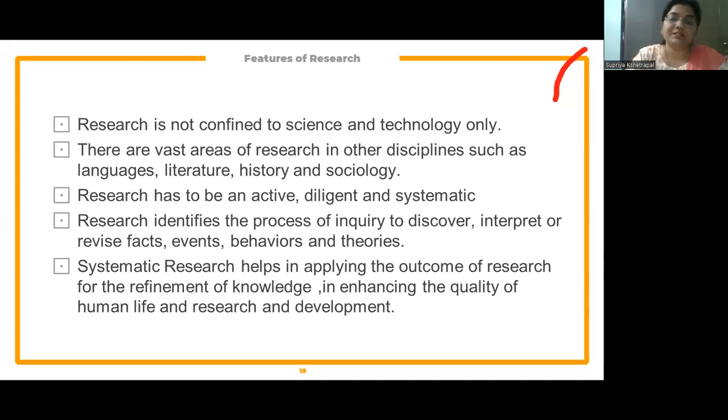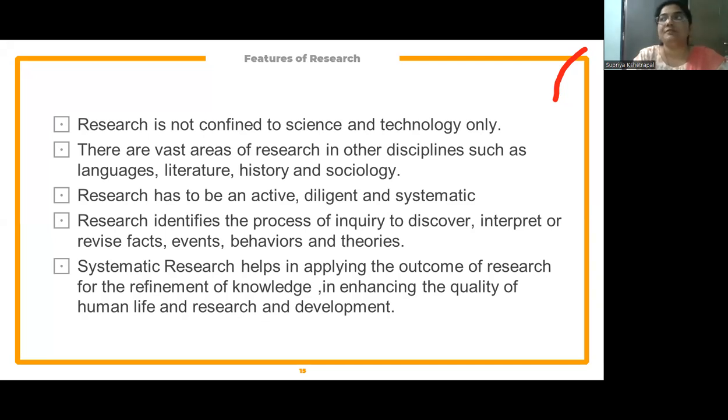These will give you a lot of answers while doing the research. So systematic research helps in applying the outcome of the research for the refinement of knowledge, enhancing the quality of human life, and research and development.